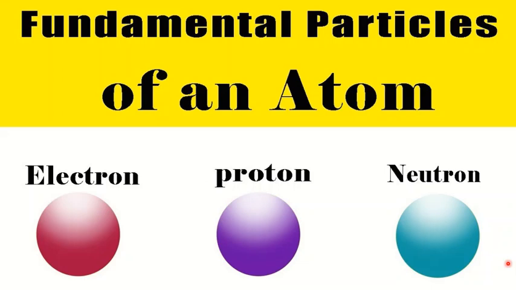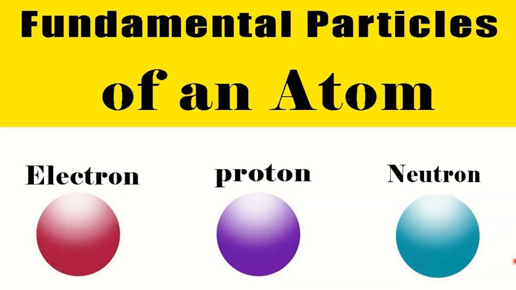In last class, you learnt Rutherford's atomic model and Bohr's atomic model, where you learnt that an atom has three fundamental particles. These are electron, proton, and neutron. Here, what is proton, electron, and neutron, and where these fundamental particles reside in an atom, you learned this.